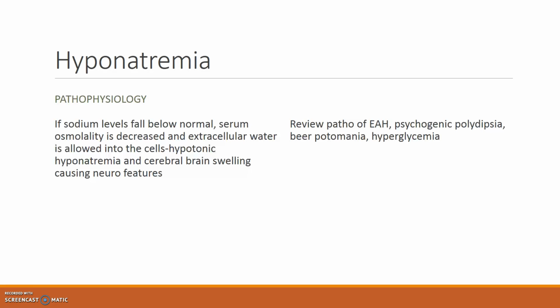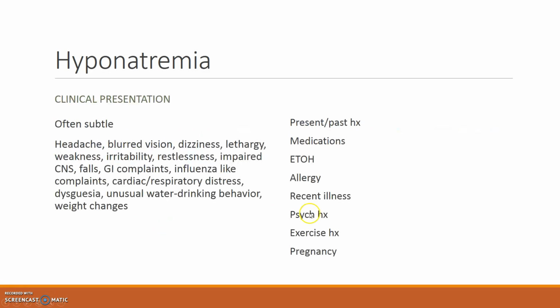I must admit, I had never heard of beer potomania, and that is where a person consumes so much beer that they put themselves at major risk, besides all the other obvious reasons, that it lowers their sodium. And you can understand that'd be very significant for me. I am working in a clinic on a college campus, but it'd be significant anywhere.